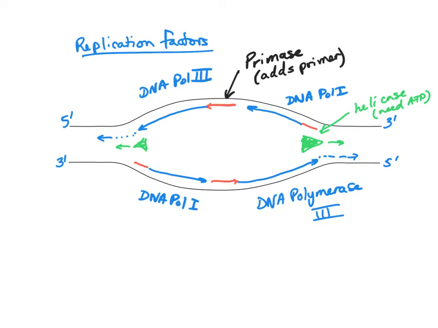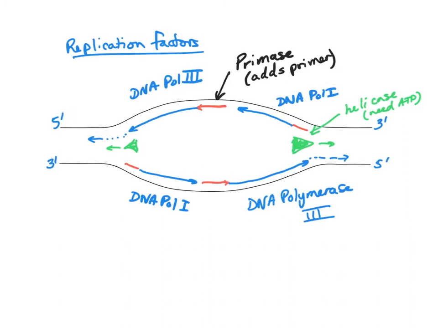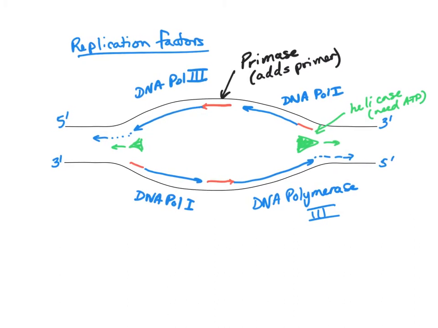Lastly, because the DNA is all wound up on itself, we need to consider that it gets over-twisted and we have to relieve some of the tension. And so there is an enzyme that cuts the DNA. We call this gyrase, at least in bacteria. Sometimes it's called topoisomerase.